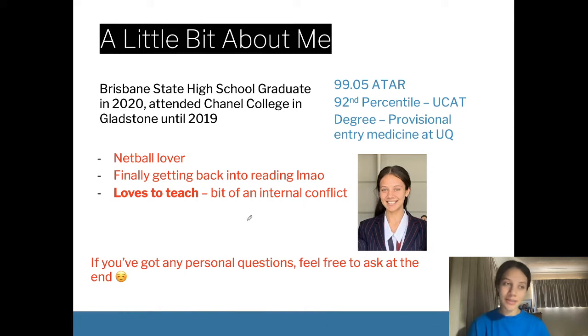If anyone has any questions about uni degrees, I know that today's the day that QTAC applications close, so feel free to ask. I'm really enjoying my time at UQ. I love to play netball. I did a lot of it in year 12 and I'm still doing heaps of it. I also really love to teach, so I really enjoy giving these lectures.